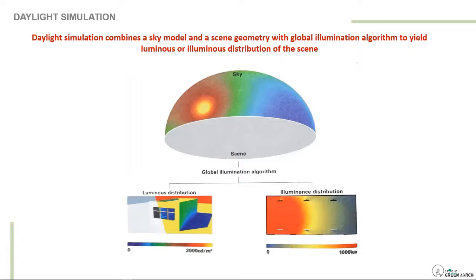Then we have a scene geometry where we provide all the properties of the environment. For example, the boundary of the simulation domain, the building reflectance, your brick wall thickness, and everything is prepared in the scene geometry. Then the global illumination algorithm, that is the Radiance engine, comes into play and we get the output, right?